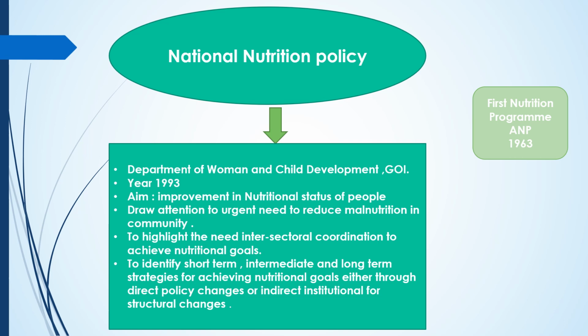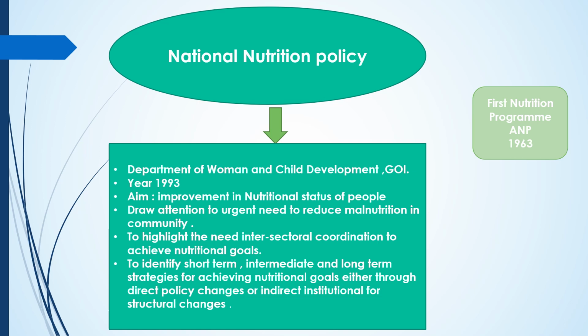The main objective of the program is to draw attention to the urgent need to reduce malnutrition in the country and highlight the need of intersectoral coordination to achieve the nutritional goals, to identify short-term, intermediate, and long-term strategies for achieving the nutritional goals through direct policy changes or indirect institutional structural changes.